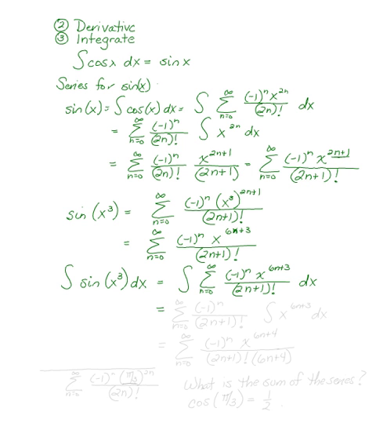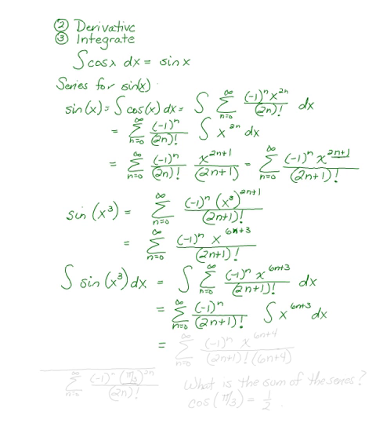Again, we leave the part without an x alone, and the only thing that we're integrating is x to the 6n plus 3.